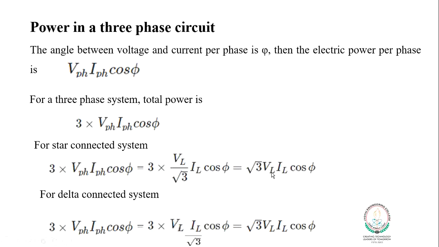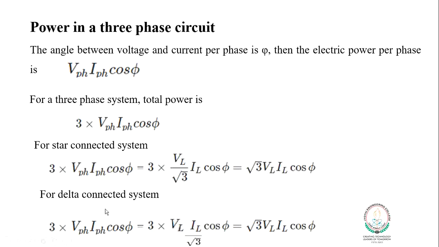So if we express the power in terms of line voltage and line current, the expression for power in a three-phase circuit is root 3 VL IL cos phi, whereas in terms of phase current and phase voltage, the power will be 3 into V phase I phase cos phi.